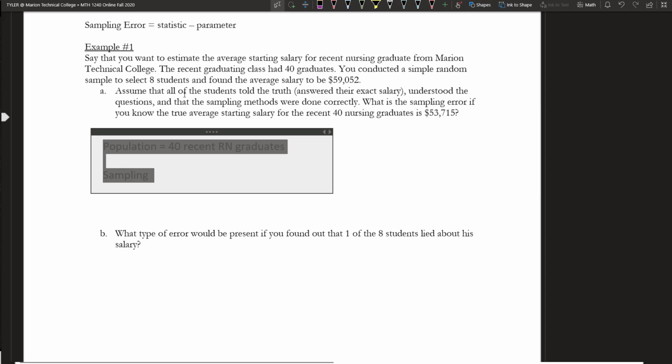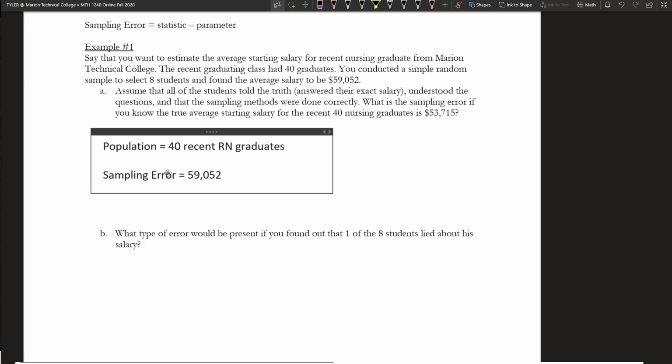If you know the true average starting salary for the recent 40 nursing graduates is $53,715, right? So the sampling error would be equal to the statistic, the measurement from the sample, so that would be the $59,052.